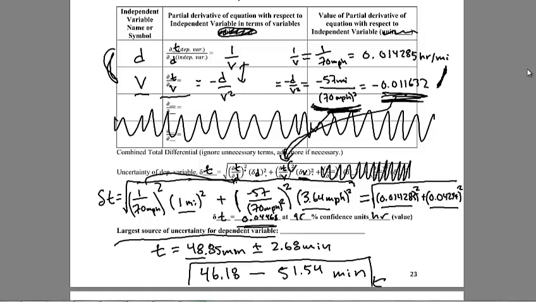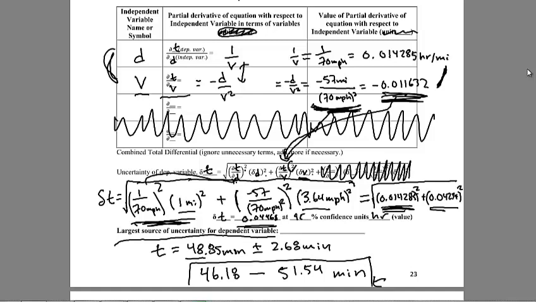Neither one of those pieces is complete. We need both the partial of the dependent variable with respect to the independent variable and the uncertainty on that independent variable. Those two terms together will create the total uncertainty that we expect in our dependent variable from our measurement of the independent variable.